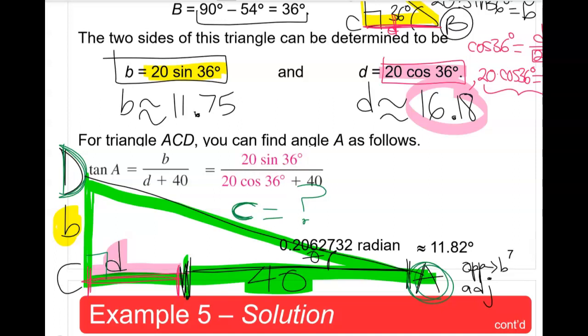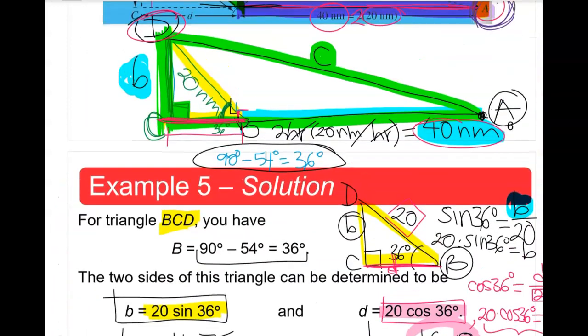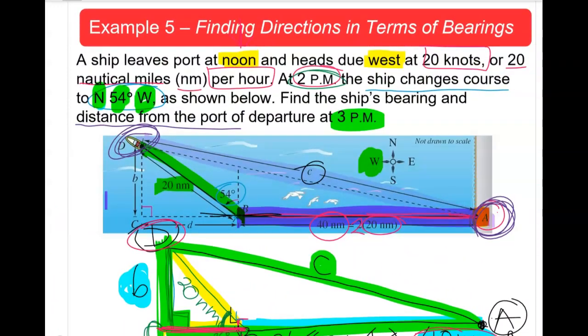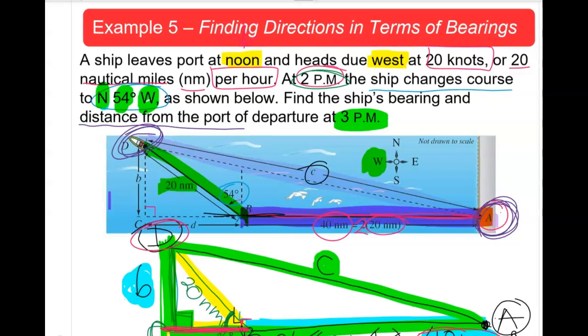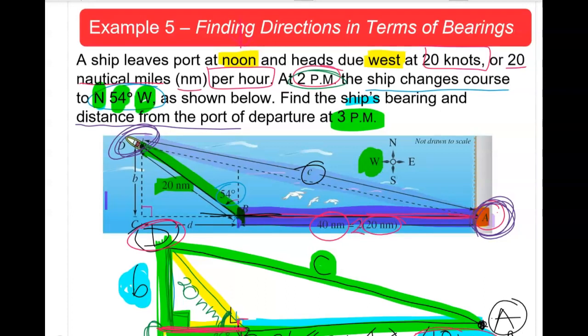And the reason we're using that is because it's also part of our question to find not only the distance, but also to find the ship's bearing. And so that will be the bearing from here to here.